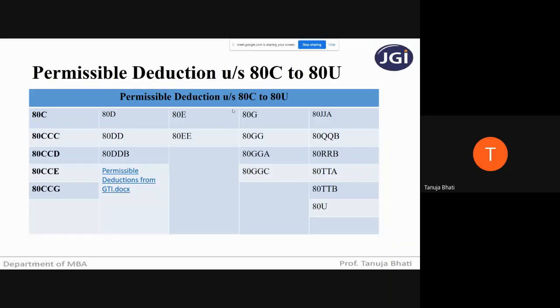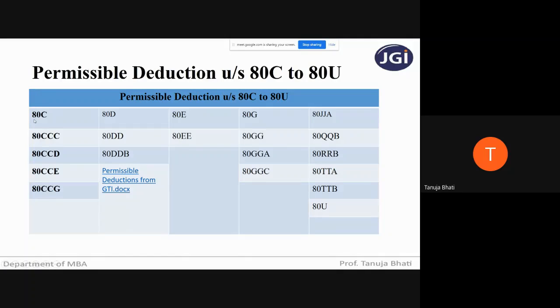So let us continue with the permissible deductions under section 80C to 80U. Yesterday, whatever is highlighted in bold, we have already seen in our previous lecture. So 80C, a quick revision. Under 80C, we saw that any individual or HUF can get a deduction under this section if he is putting his savings or making an investment in some 22 list of categories.